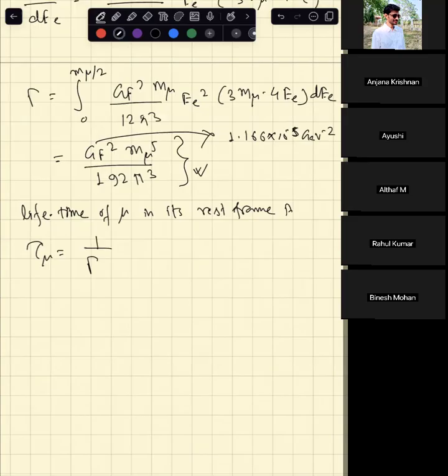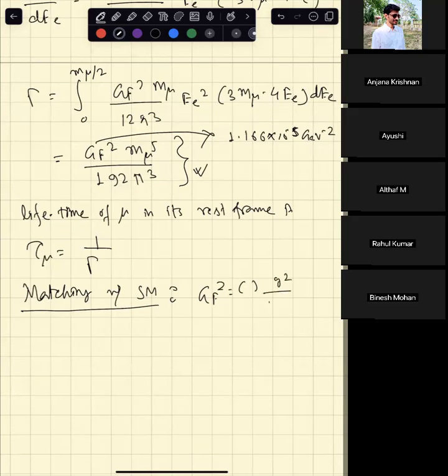But later, when we do it from the standard model, let me call it matching with the standard model, we'll see that G_F squared is basically some constant times g squared by M_W squared. Then if we experimentally measure M_W and the SU(2) gauge coupling associated with the W boson, and put in their values and the constant term, the value achieved through this matching is very much equal to this one.